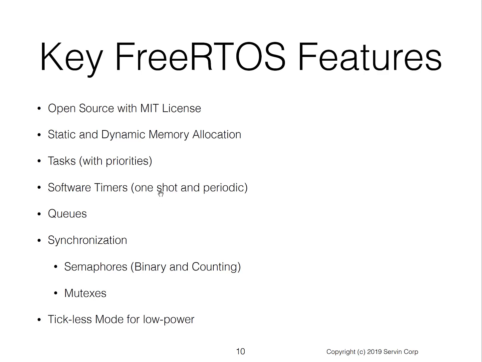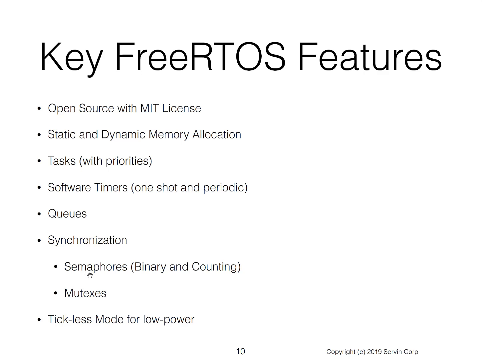We'll also have software timers. With software timers, we can have a one-shot timer that has a timeout, or we can have a periodic timer that basically every so often fires again. We can have queues for communicating between tasks. We can actually send messages through these queues. And of course, synchronization is a key thing. We have various synchronization options.